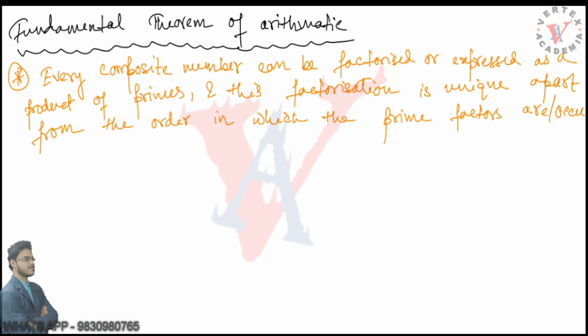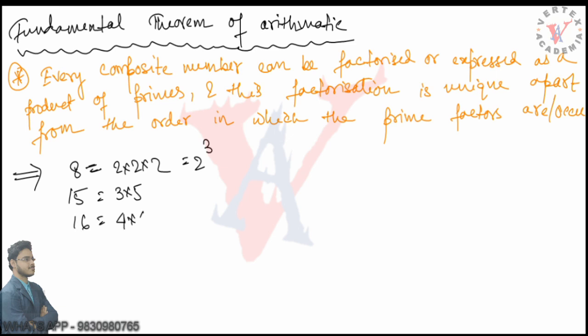What it tries to tell us is that any number, for example 8, can be represented as a multiplication of prime numbers. 8 is 2 into 2 into 2, which is 2 cube. 15 is 3 into 5. 16 is 4 into 4, and dividing the 4 again, 2 into 2 into 2 into 2, which is 2 to the power 4.